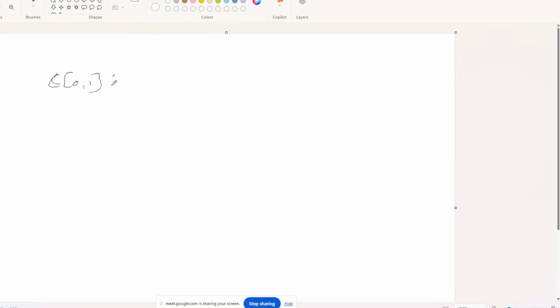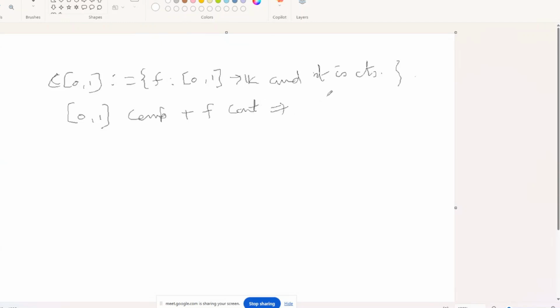This is nothing but the set of functions from [0,1] to K, and it is continuous. [0,1] is compact, plus f is continuous, implies f is bounded. I will not do this.